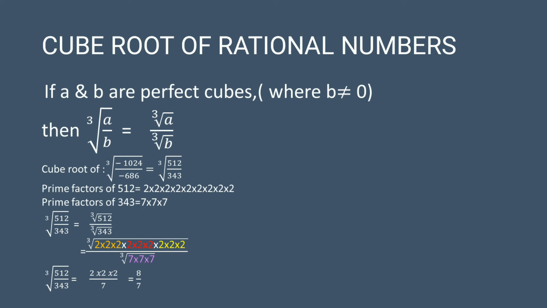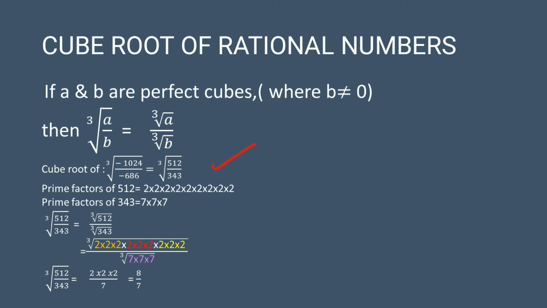So the denominator cannot be 0. I am going to take one example: the cube root of minus 1024 by minus 686 is equal to the cube root of 512 by 343.